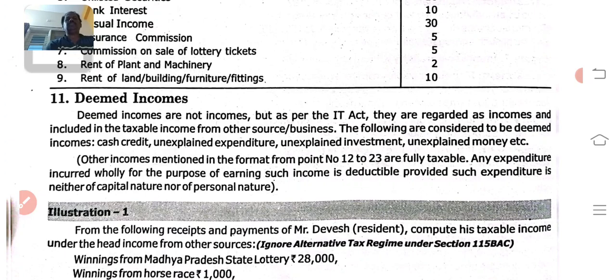Other incomes mentioned in the formats from point number 12 to 23 are fully taxable. Any expenditure incurred only for the purpose of earning such incomes is deductible provided such expenditure is neither of capital nature nor personal nature.